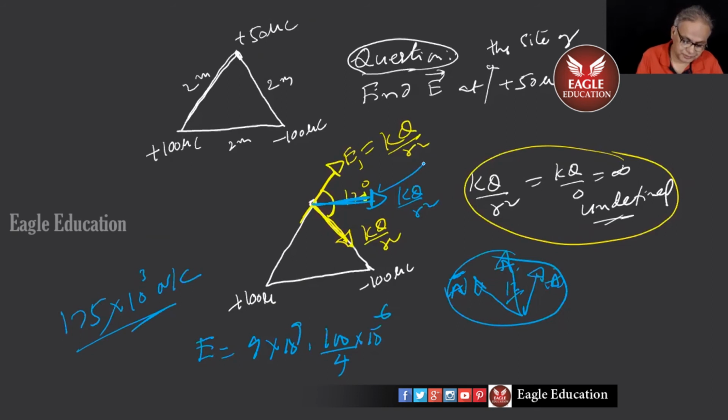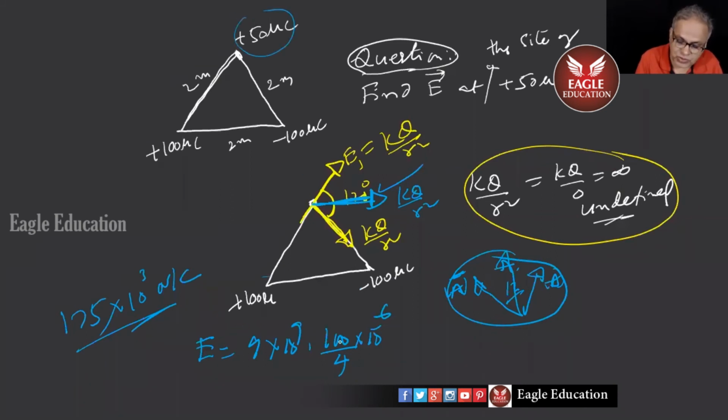Now tell me. Remember, plus 50 microcoulomb also has an electric field, no sir? Around it it has got, not below the bottom of it. My point is, when you are finding the field here, that will be because of these two, not because of 50.